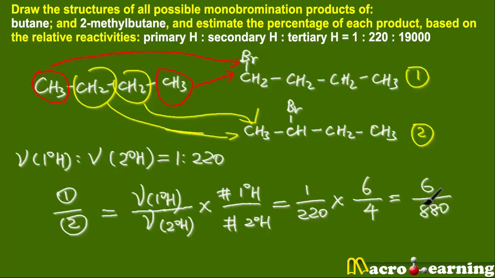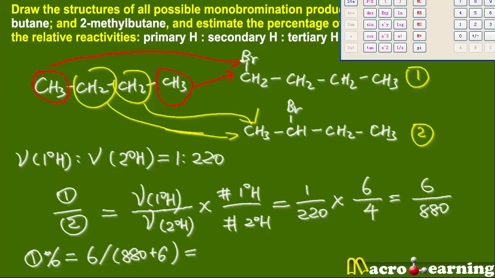So when it comes to percentage, we need some further simple calculation. That is, percentage of 1 equaling 6/880 plus 6, times 100. Let me pull out my calculator.